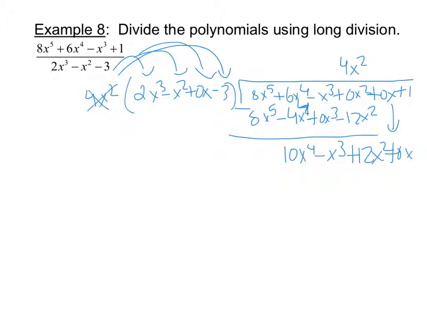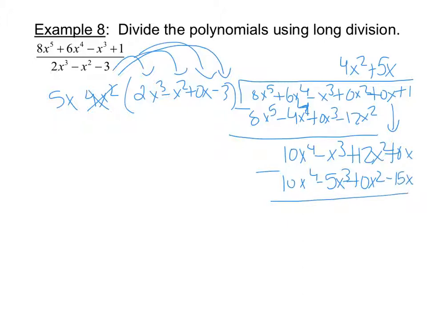What do you have to multiply 2x to the third by to equal 10x to the fourth? 5x. So you distribute 5x times 2x to the third, 10x to the fourth. 5x times negative x squared, negative 5x to the third. 5x times 0x, 0x squared. 5x times negative 3, negative 15x.